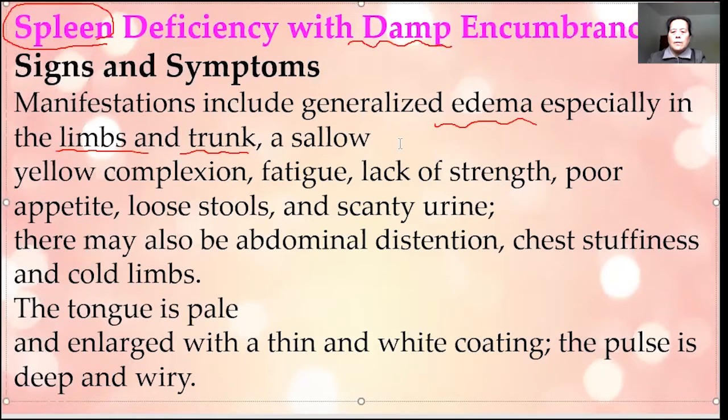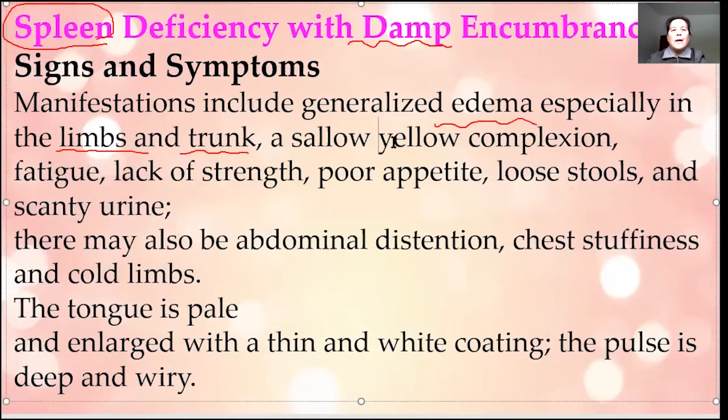The face is dull, shallow, and yellow, that's the spleen color there. And generally fatigue, people are tired, with spleen qi deficiency, generally weaker, and also poor appetite and loose stool.